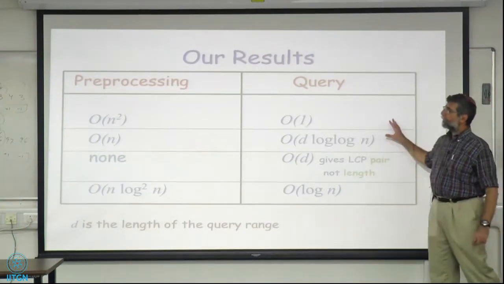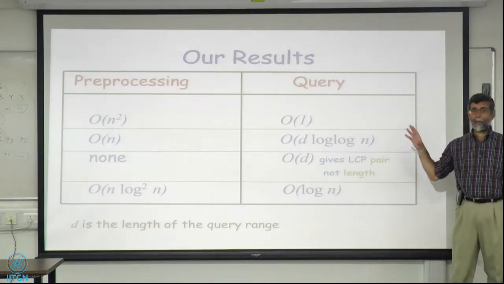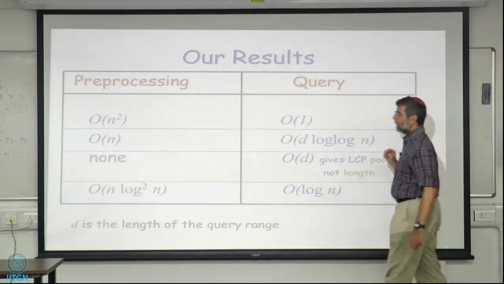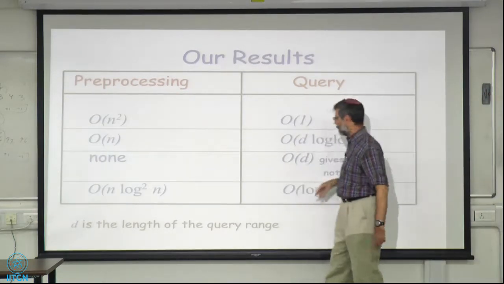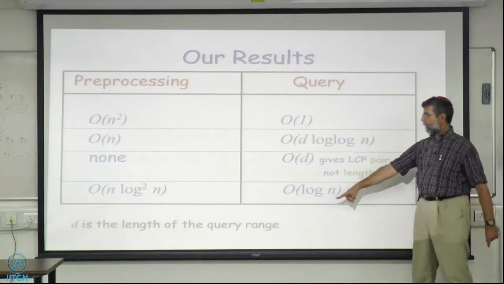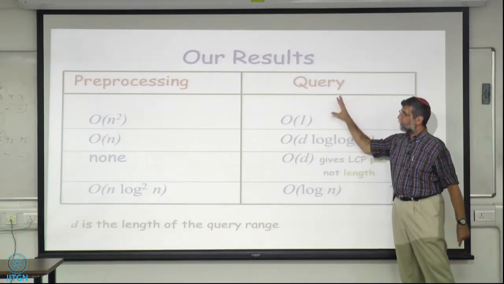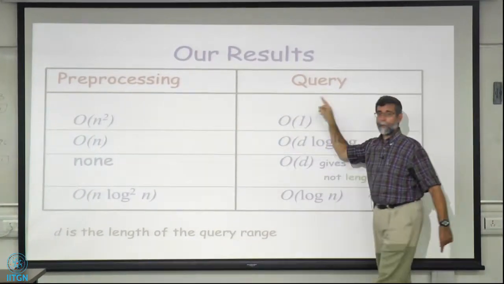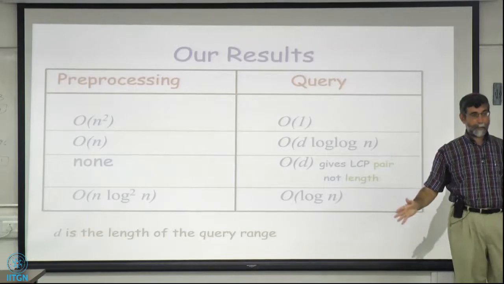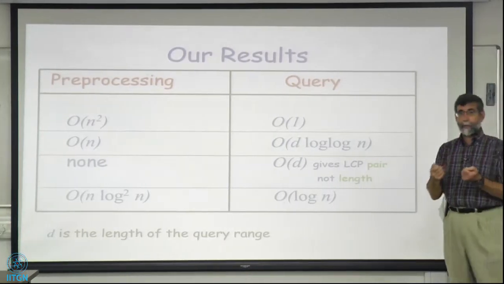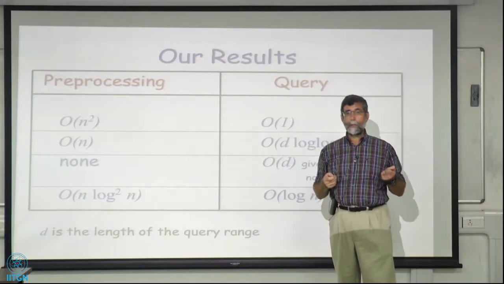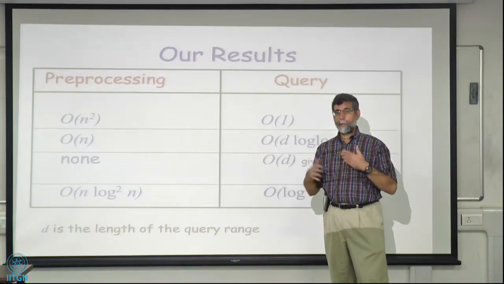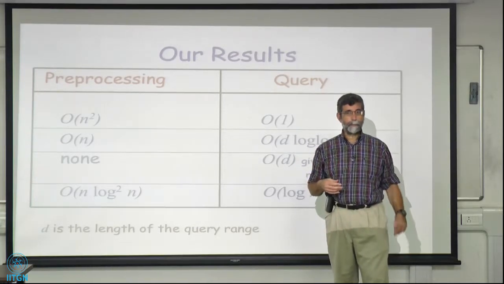The naive way is no preprocessing and O of d squared, where d is the length of the query range. Okay, so that would be the naive, right? Everybody agrees. We know how to find the LCP between 2 points in time O of 1, so do the LCP between all the pairs and choose the maximum.